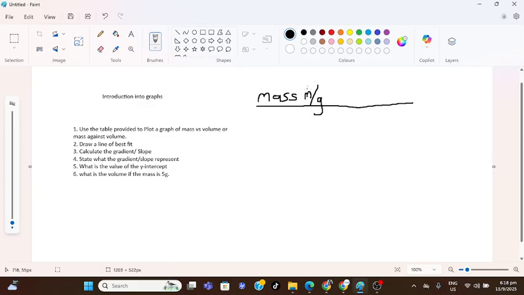So the symbol of mass is M, and the unit is grams. Then you're gonna see volume, V, slash centimeter cubed, which means V is volume, and the volume is measured in centimeter cubed.